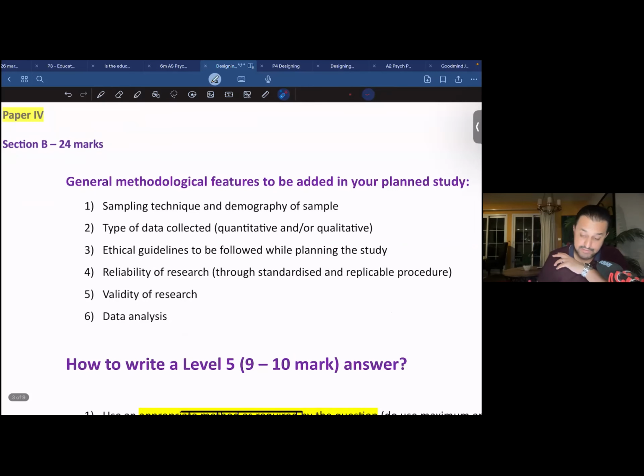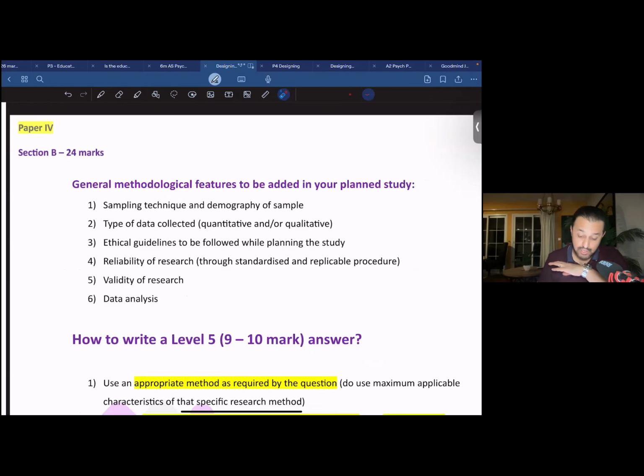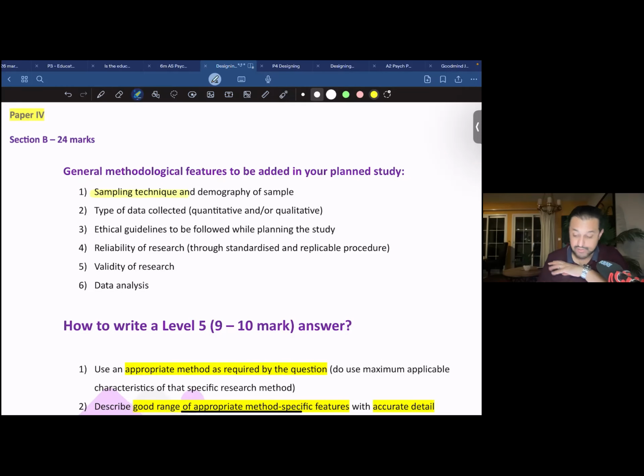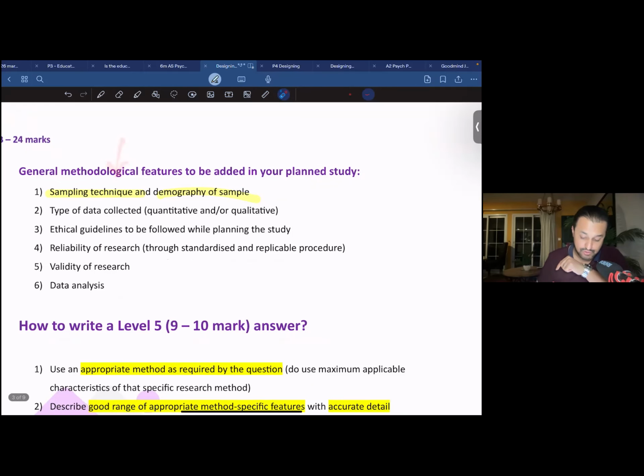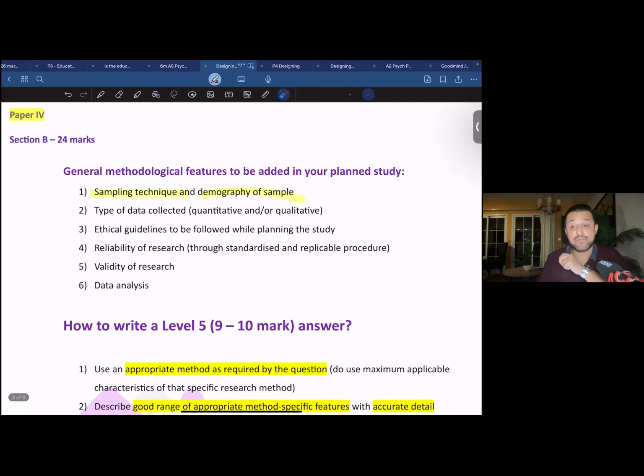Of course, if you're planning a study, you have to mention the sampling technique and the demography of the sample. Now, in this particular question, it did specify that you need to give details on sampling technique, but even if it was not present, of course, if you're planning a study, you have to recruit a sample, and to recruit a sample, you need to use a particular sampling technique, and you should be mentioning what sampling technique you're using.